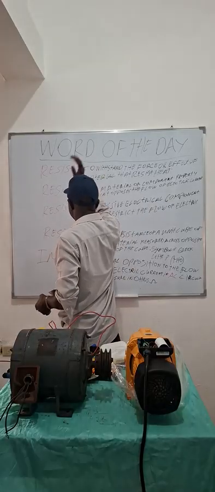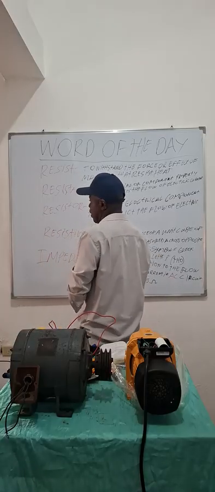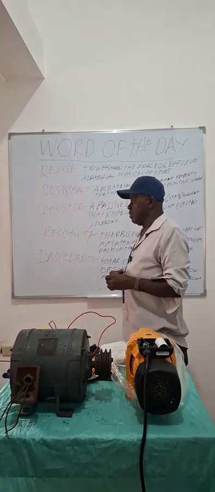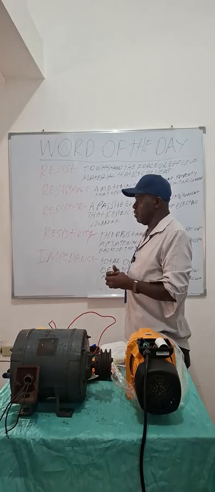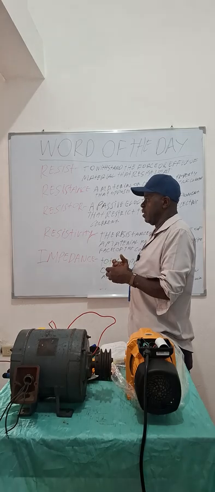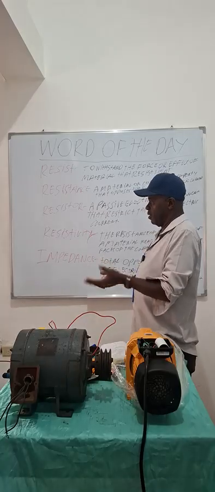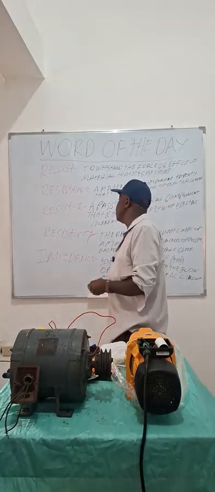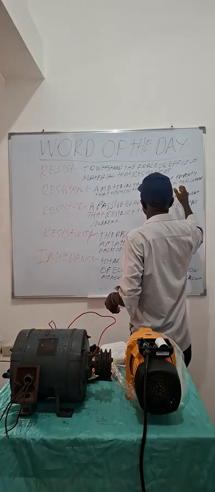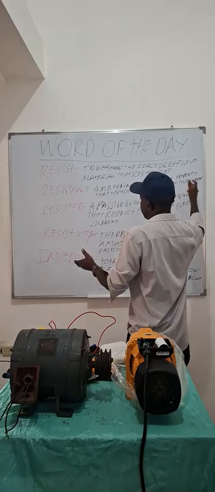Simple word, resist. Resistance. And what is resistance? All electricians are supposed to know what resistance means, and the effect it has on a circuit, whether it's an AC circuit, a DC circuit, and also in electronics, because resistance comes up a lot in electronics. Resistance is a material or component property that opposes the flow of electric current.